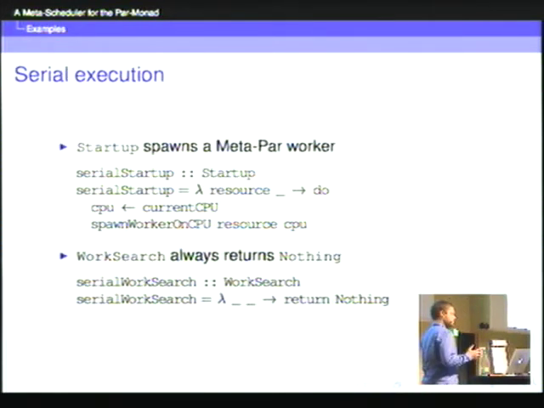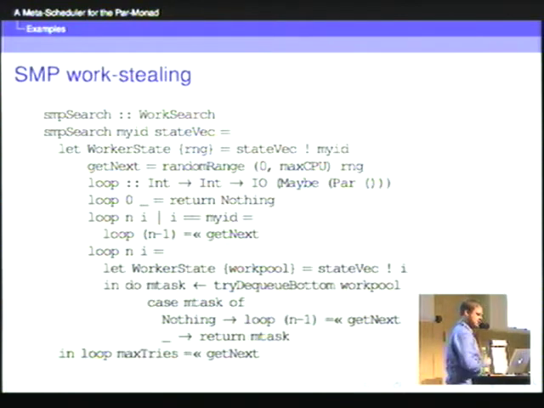So the simplest example of a resource that I can think of that could actually get work done is a single-threaded resource. It just spawns one thread, and since it's only going to draw from its local work queue, the work search never returns anything interesting. What's more interesting is the work search for randomized work stealing on SMP machines.